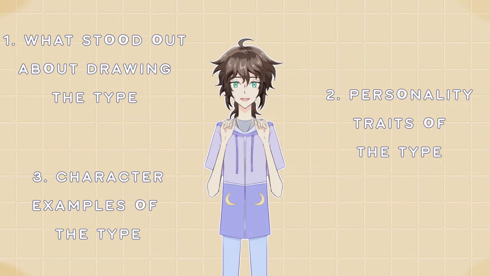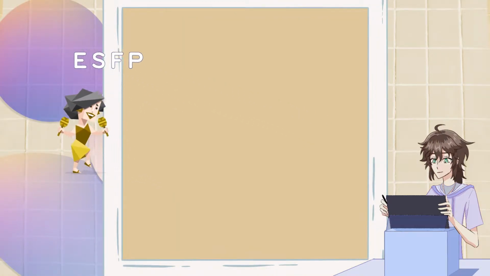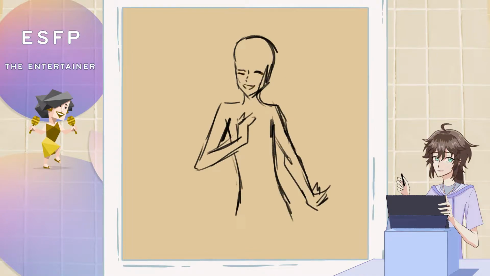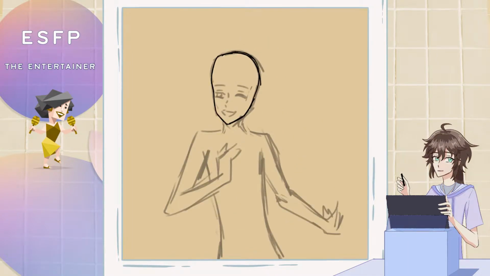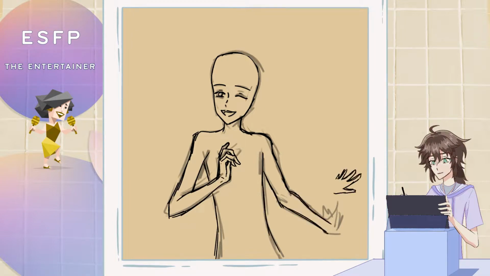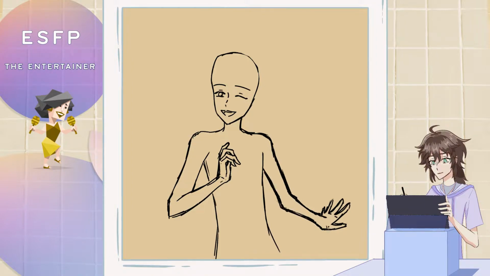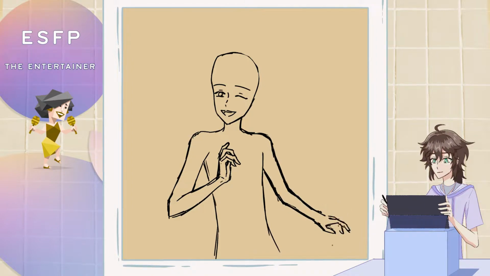And now let's start with the first type for this video, which is the ESFP. For this character design, I wasn't that sure about the pose when drawing. I tried out some different things. I definitely wanted the character to be very outgoing and expressive. The character wears a big jacket and I had 2 outfit variations underneath.